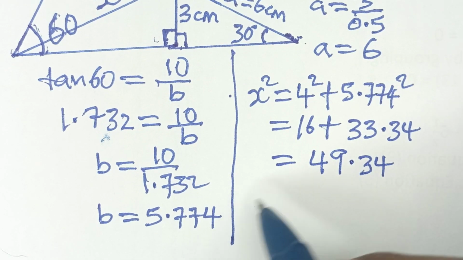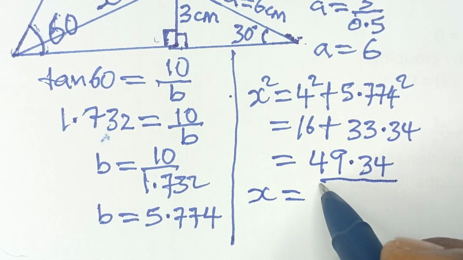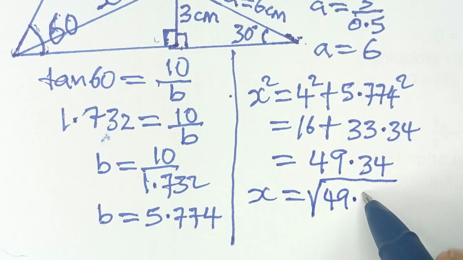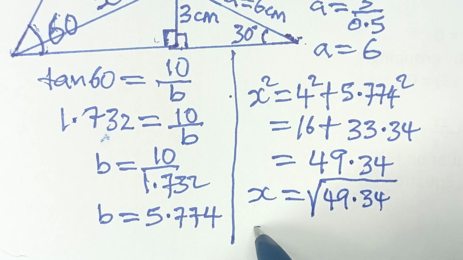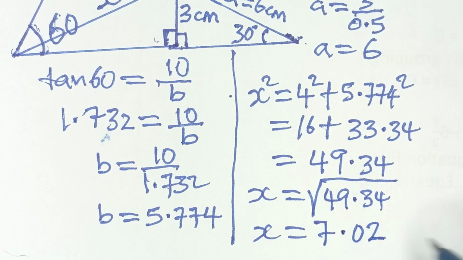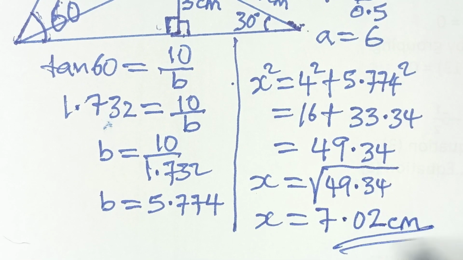So finally, to get the value of X, we take the square root of 49.34, and the square root of 49.34 gives us 7.02. And this becomes the final answer, which is the value of the side X.